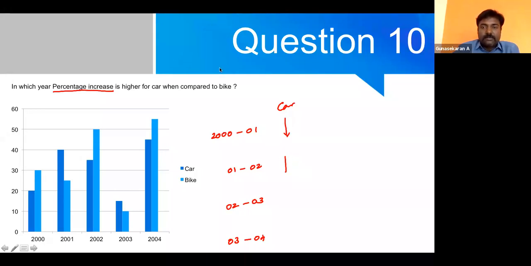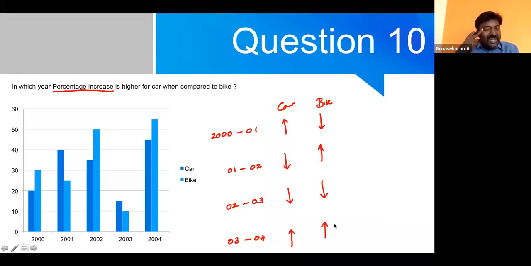Sorry, car. Car it is increasing, then decreasing, then increasing. Bike, if I take, it is decreasing, increasing, decreasing, increasing. Okay.